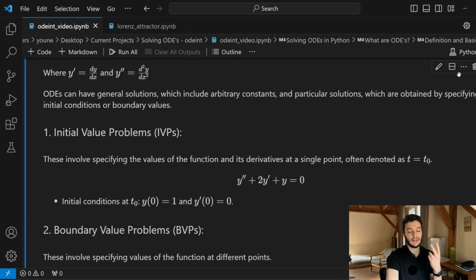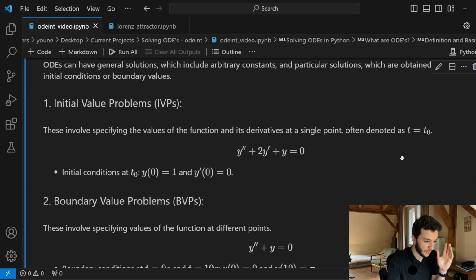There are two main types of ODEs. They can either be initial value problems or boundary value problems. The initial value problems work like this: you take your ODE, let's say it's second order. How do we know it's second order? You just see the term that has the highest derivative.